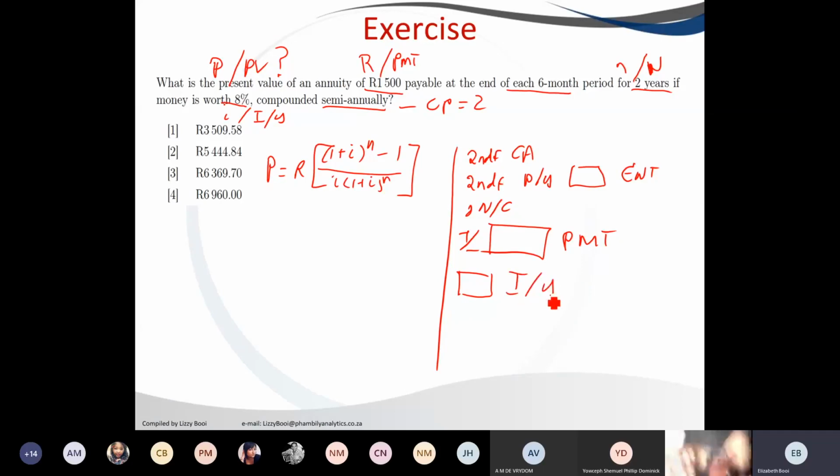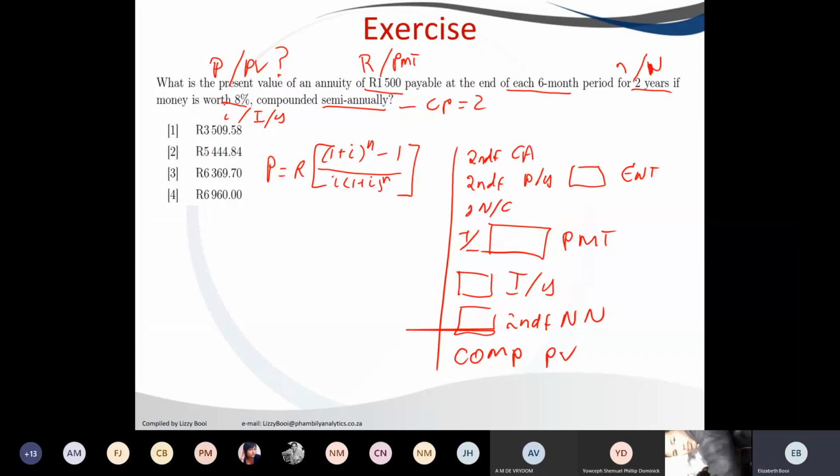Then you put in the value of your term, which is 2, and you press second function N and N again. Then you press CPT and PV, and the answer you get will give you your solution.